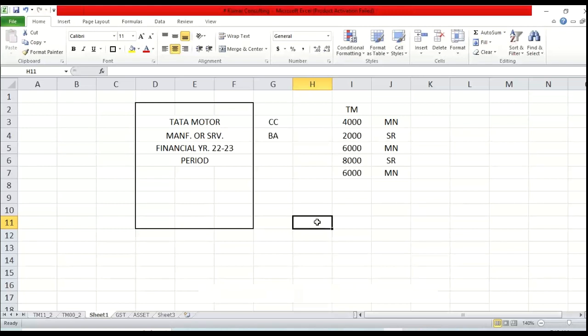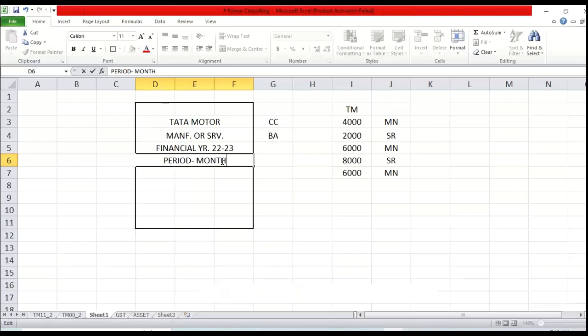When we post a transaction, while posting, you also have to specify which period this transaction belongs to. Period is nothing but which month.